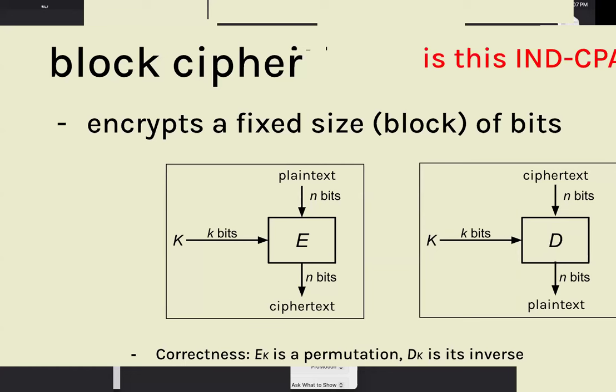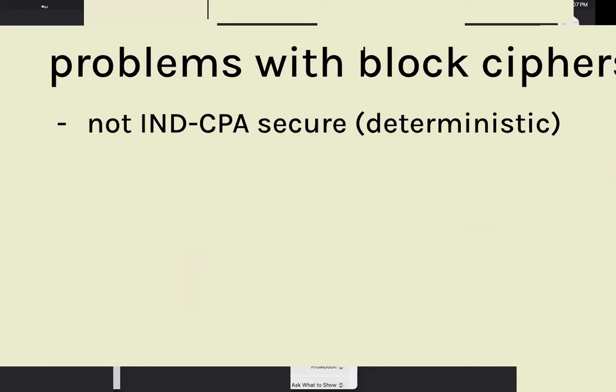Okay, yeah, it's deterministic. Exactly. It is deterministic right now. Since the key is fixed, if I encrypt the same plaintext twice, you will get the same ciphertext. So it does not satisfy NCPA security, and that is what we're going to fix now. So yeah, block ciphers by themselves don't satisfy NCPA.